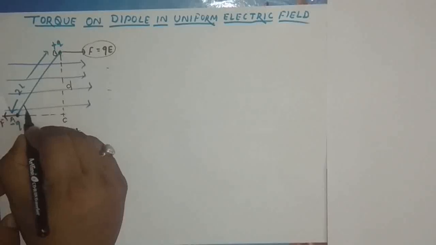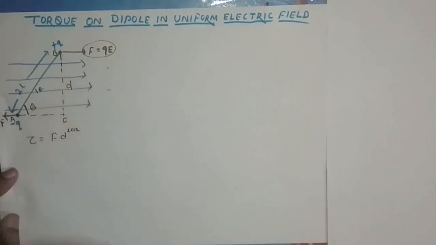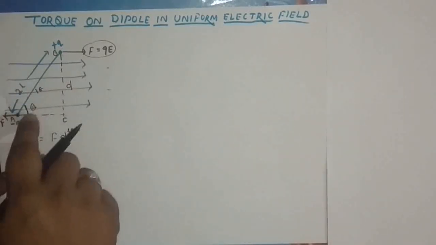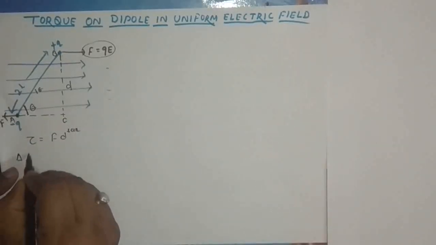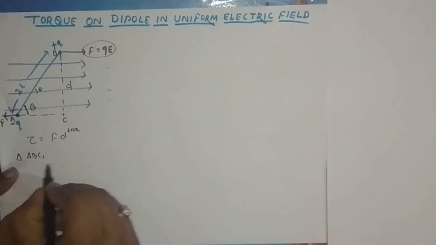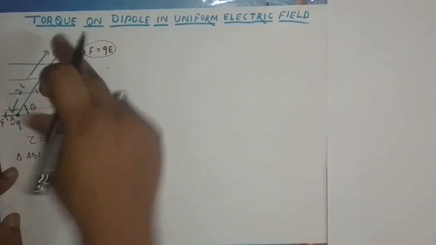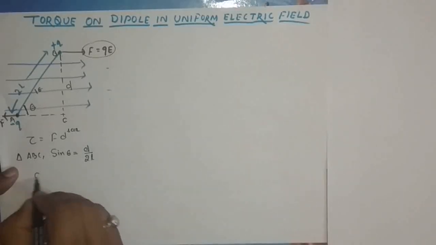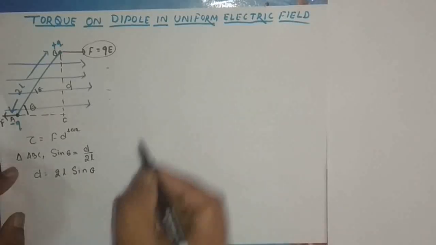Let them make an angle theta to the electric field. If it is theta, what do you know? d and 2L. For theta, this is P, this is H. That means from triangle ABC, sin theta is P by H, that is d by 2L, or d equals 2L sin theta.